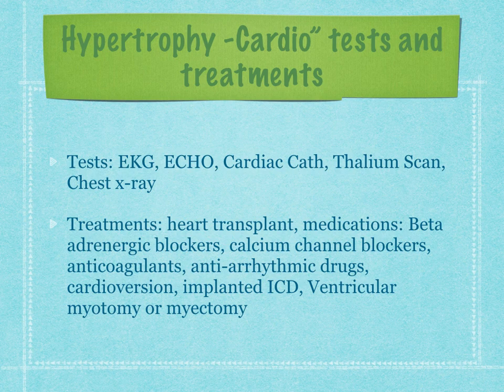Antiarrhythmic drugs reduce arrhythmias. Cardioversion will treat atrial fibrillation. Anticoagulants will reduce risk of systemic embolism with atrial fibrillation. And the implanted cardioverter defibrillator, commonly known as ICD, will treat any ventricular arrhythmias.